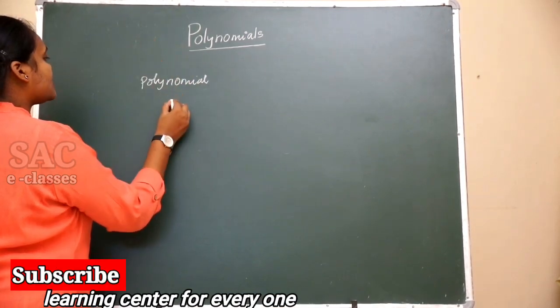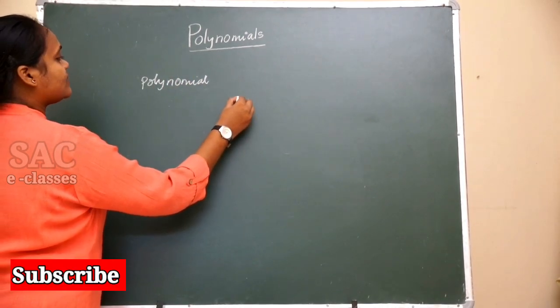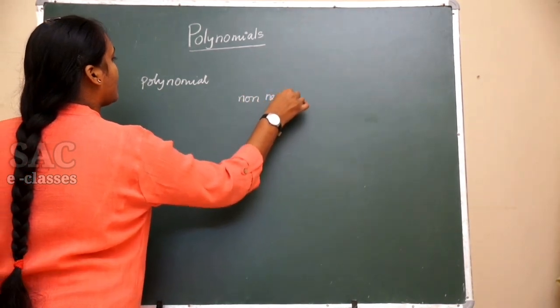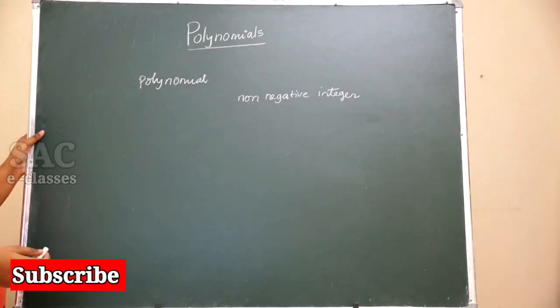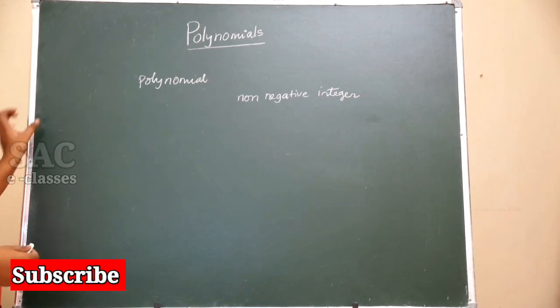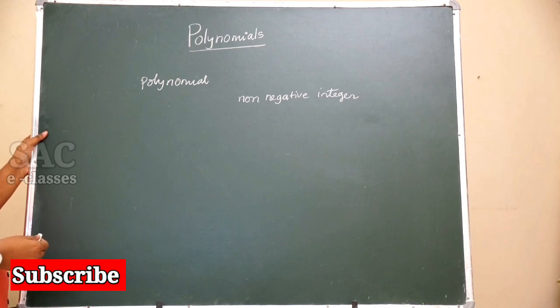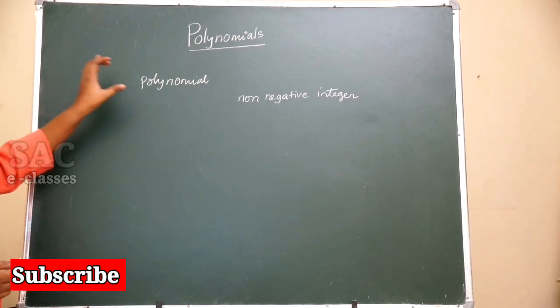A polynomial is an algebraic expression which has a non-negative integral degree. Non-negative integral means that the degree may be a positive integer or zero. Such expressions are called polynomials.